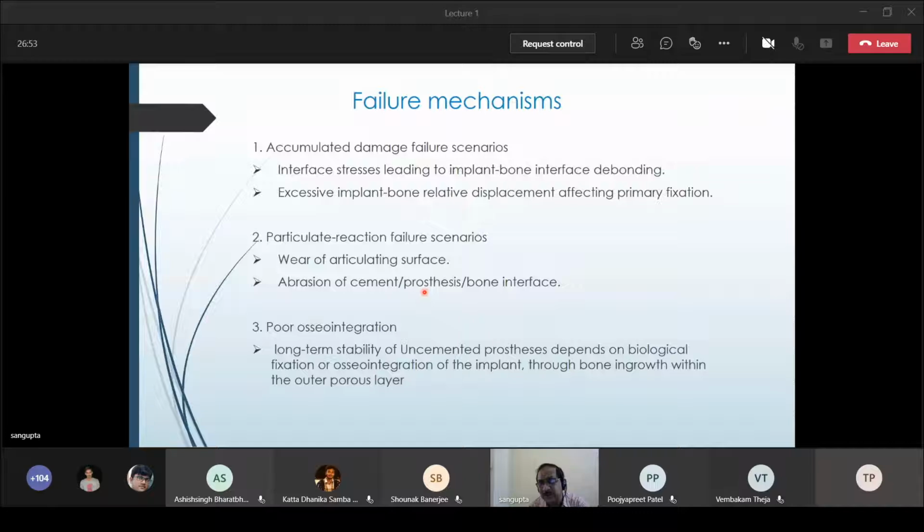It can be at the interface of cement and bone, cement and implant, anywhere. It can be abrasive materials coming out of the interface. And these very small particles are highly reactive. The material itself, bone cement, is a bioinert material. It is a highly biocompatible polymer.